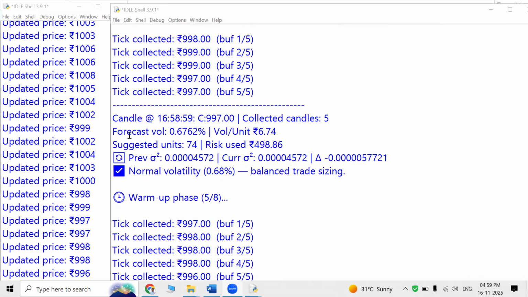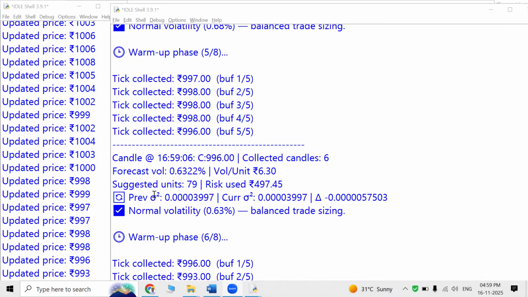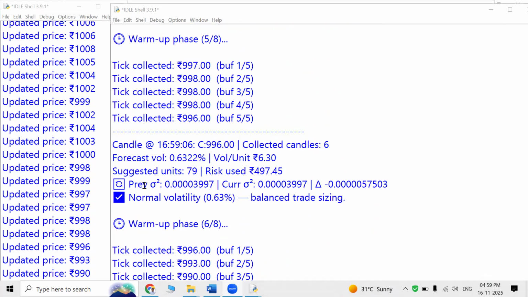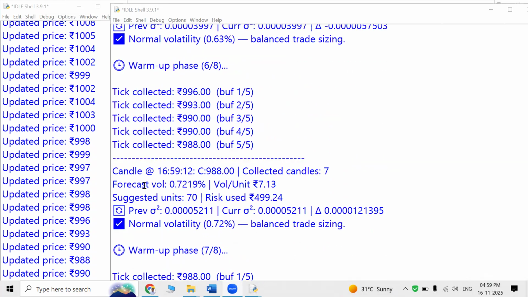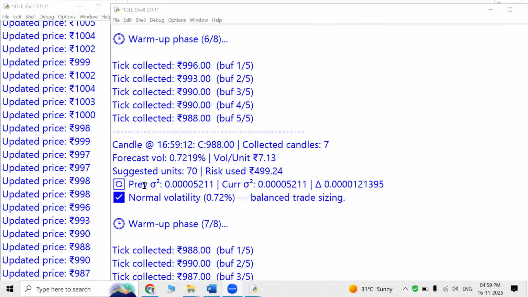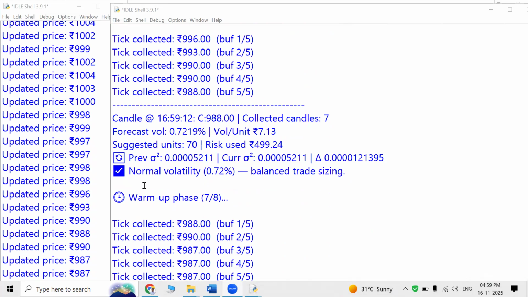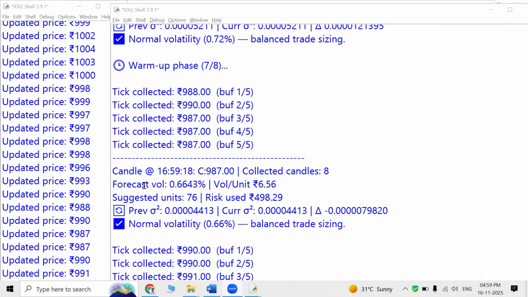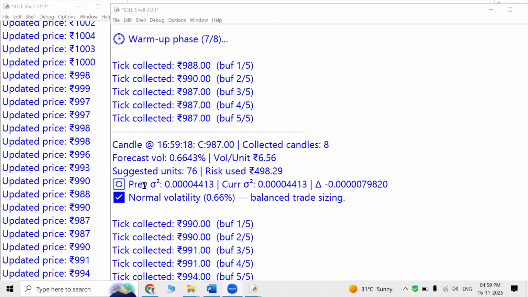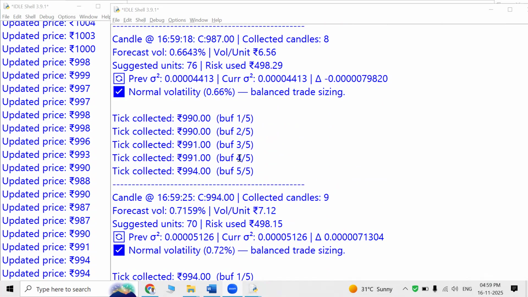It's suggesting the number of units to be traded. We have the highest capacity to trade around 100 shares, but it's showing, okay, don't trade 100 shares. The volatility is suggesting two shares, to basically trade a smaller number of shares. So currently we have normal volatility of 0.6%.